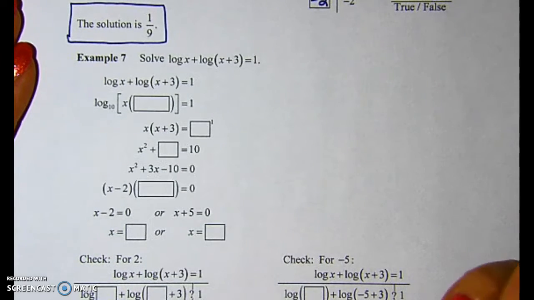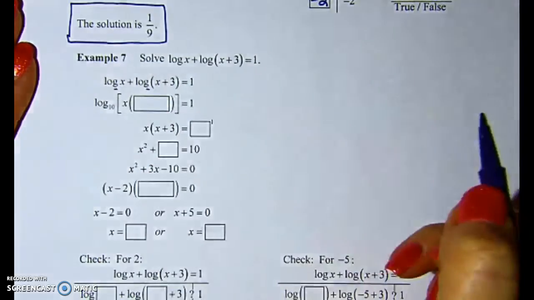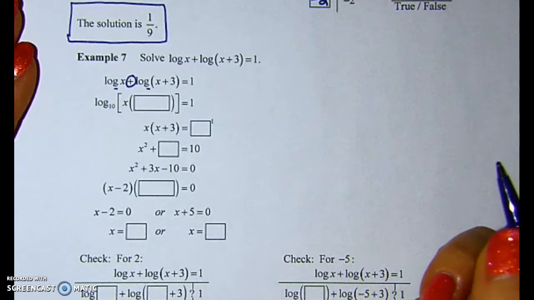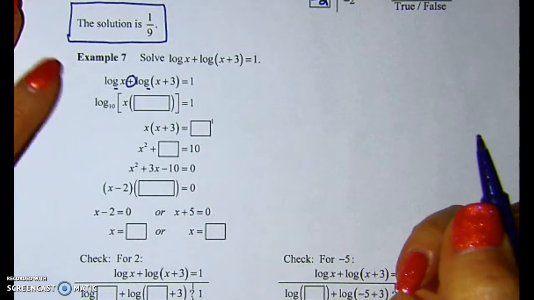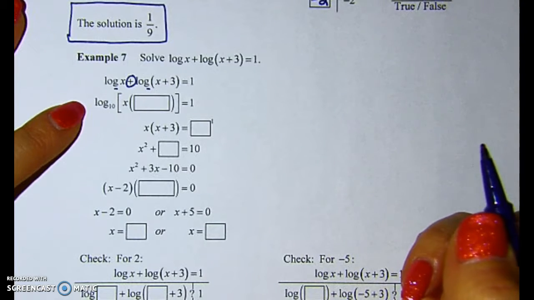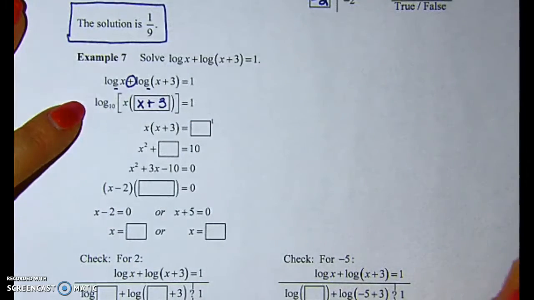But let's say I have log x plus log of x plus 3 is equal to 1. Using my product rule, I see that our bases are the same, and I'm adding, so I can bring them into one value, giving me log base 10. Again, if we don't see a base, we assume it's 10, of x times x plus 3 is still equal to 1.